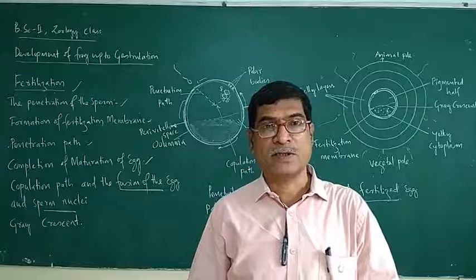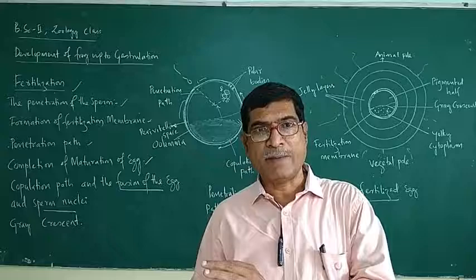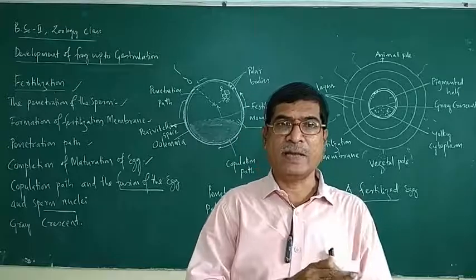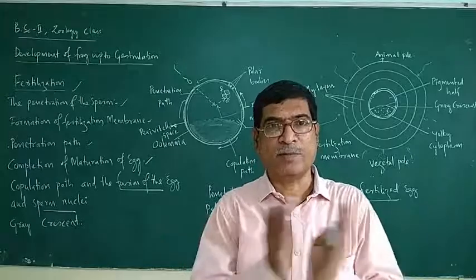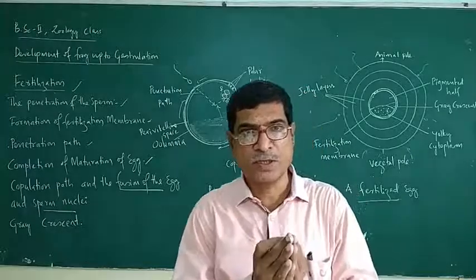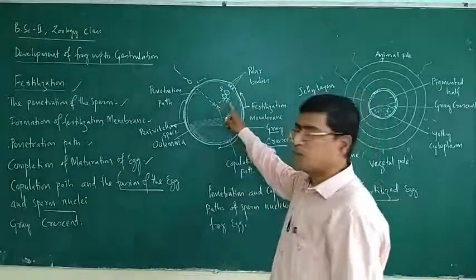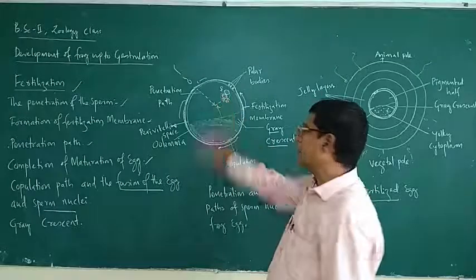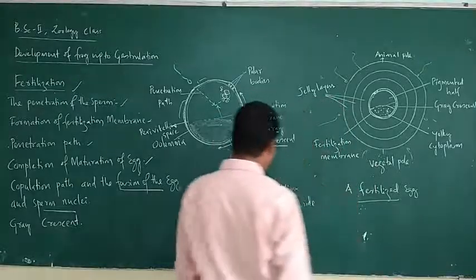The male gamete sperm brings a haploid number of chromosomes and the female gamete ovum brings a haploid number of chromosomes. These two haploid sets fused. As a result, a diploid zygote is formed after the fusion of these two pronuclei. Clear? Okay, next. So this is how the fertilization is completed.